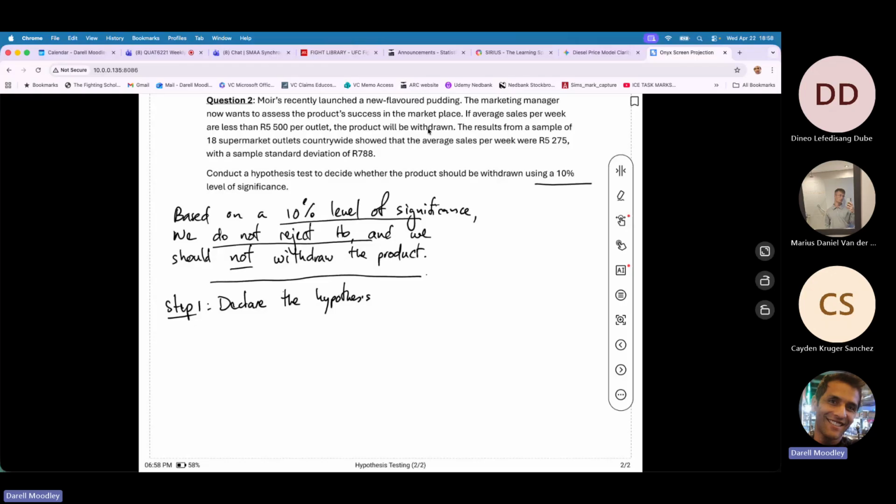Step 2, find the rejection region, based on whether it's a Z or T distribution.